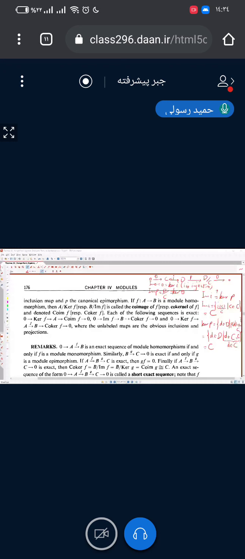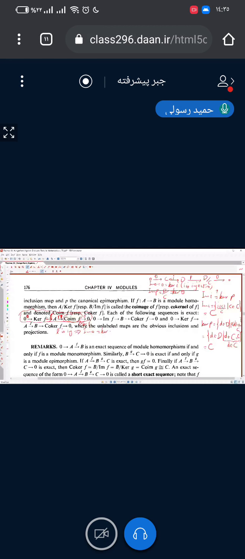In this part, I wish to show that this sequence is exact. Since L is injective, this implies that the image of 0 equals the kernel of L, which equals 0.